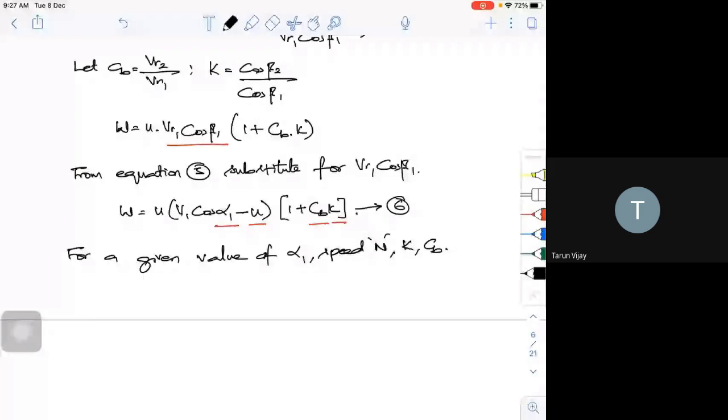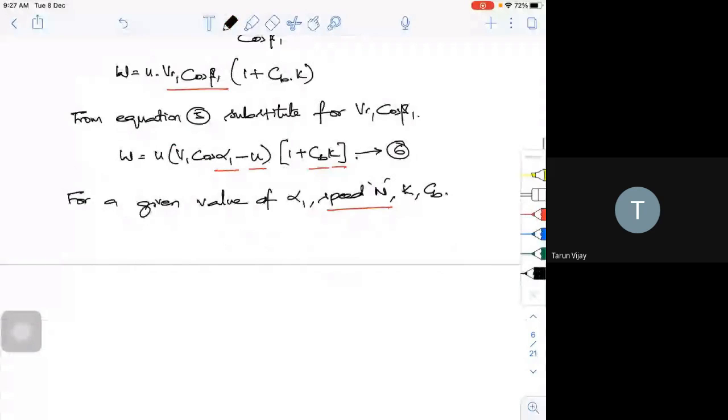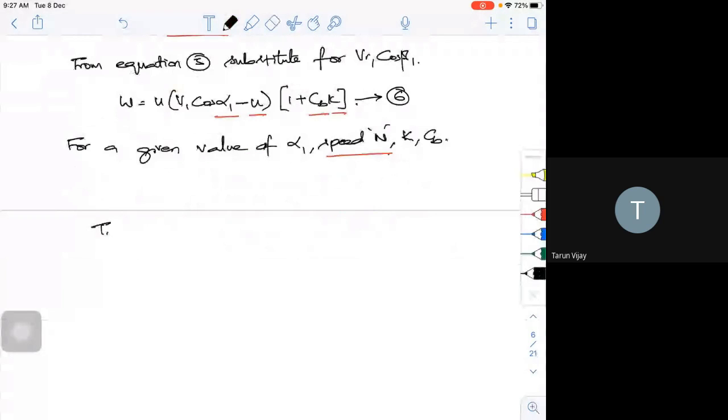See, for the maximization of this particular equation, dW by dU, it depends on your speed. So to maximize the work done, because the blades and alpha I can keep constant, your work done becomes directly a function of your U.